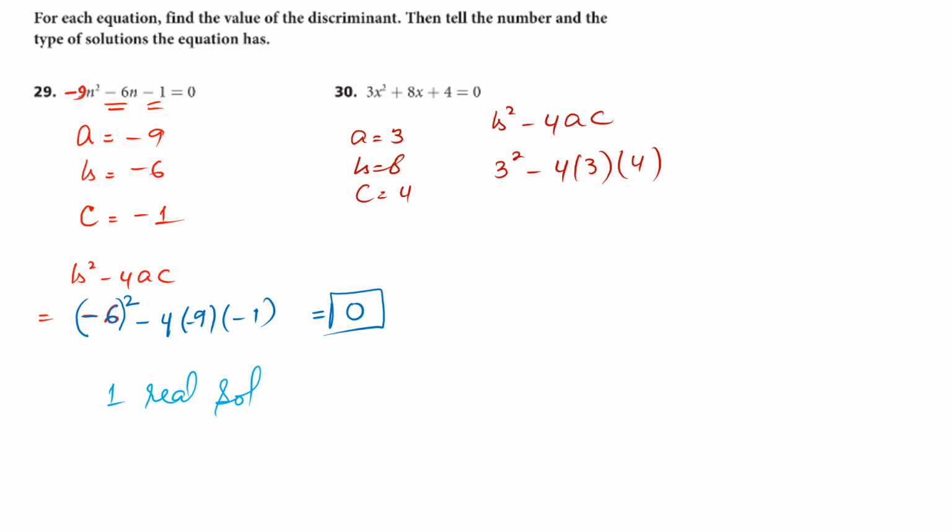Okay, so the answer is negative 39, which is a negative number, less than 0. So you have two imaginary solutions. I hope that this part is clear to you. So let's move to the other part of the lesson.